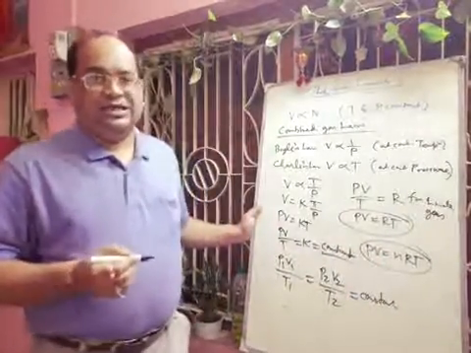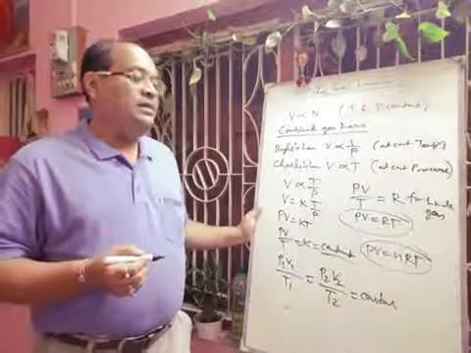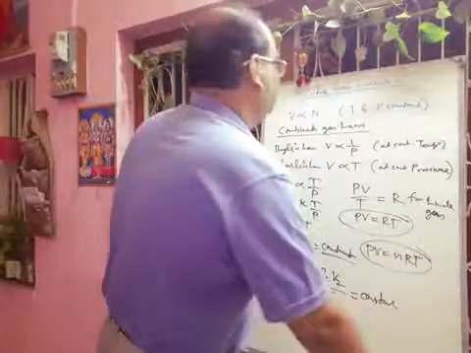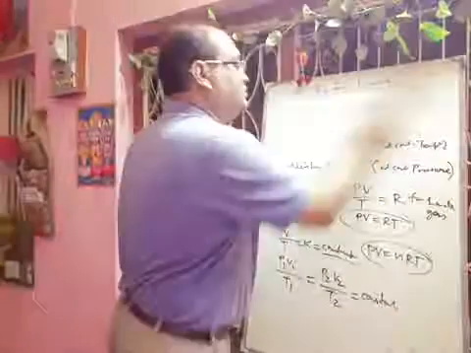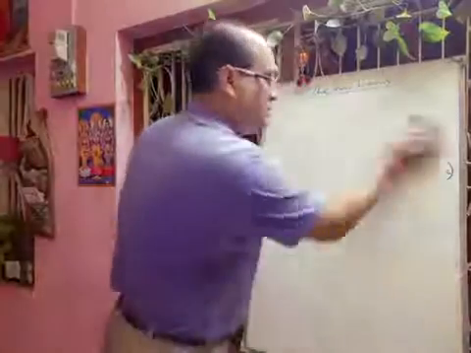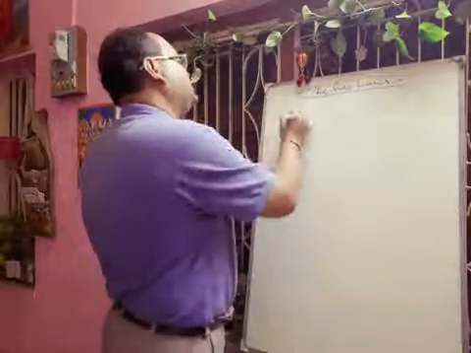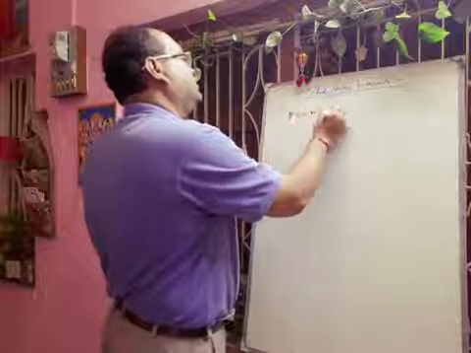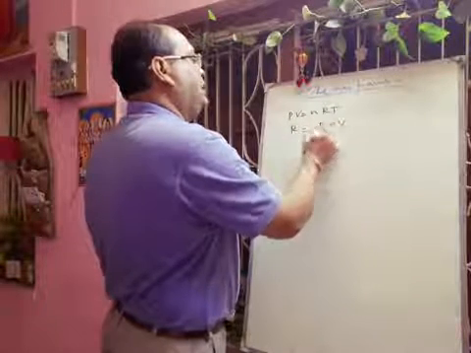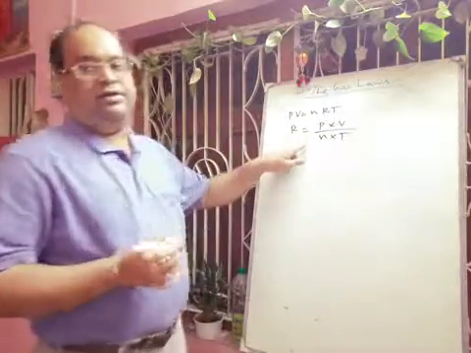Hope you can understand. Now we will try to calculate the unit of R. What will be the unit of R? That is also very important. So we know that PV is equal to nRT for n mole gas. So R is equal to P into V divided by n into T. Hope you can understand.